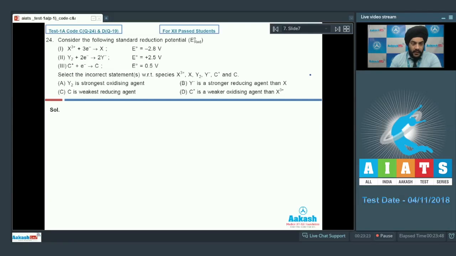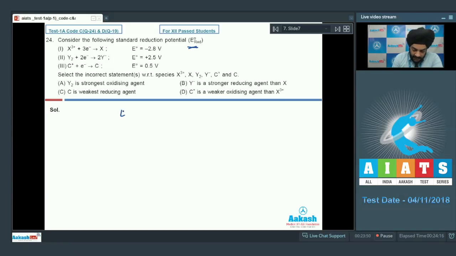Question number 24. So consider the following standard reduction potentials, E0 red. So we have been given 3 species and the reduction potential of each of them is given to us. So we have been given some statements regarding the species which are given in these E0 values. So looking at the reduction potential, students, we know that greater the value of the reduction potential, stronger is the oxidizing agent.